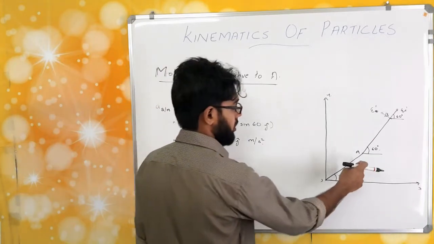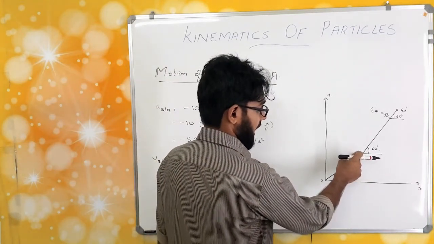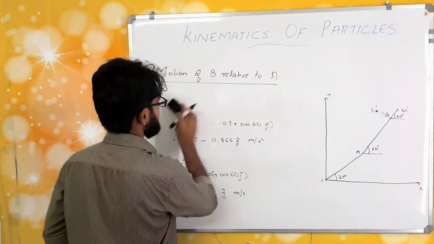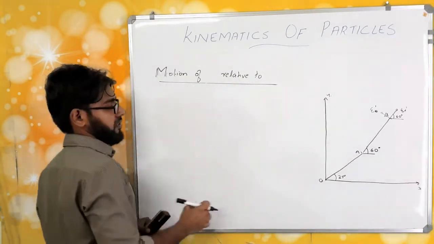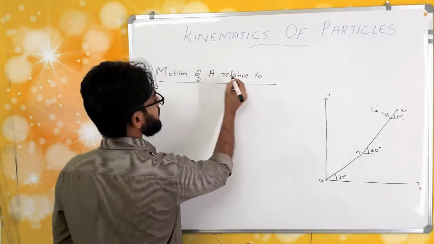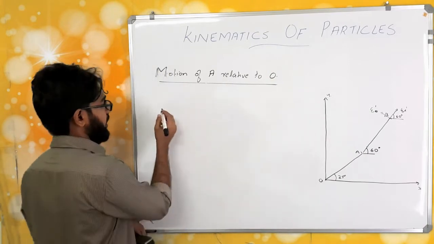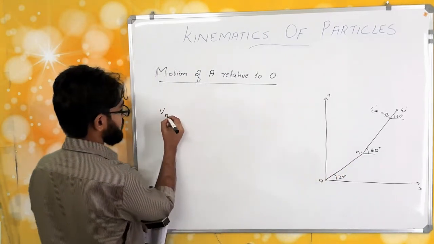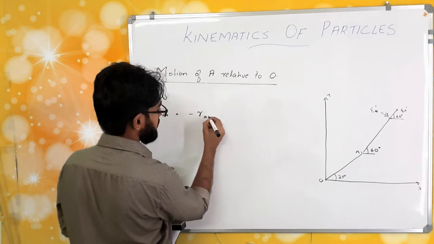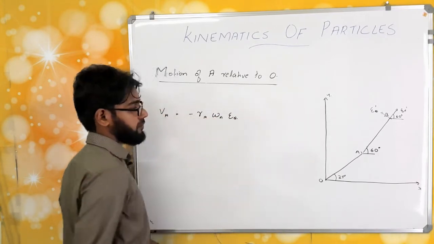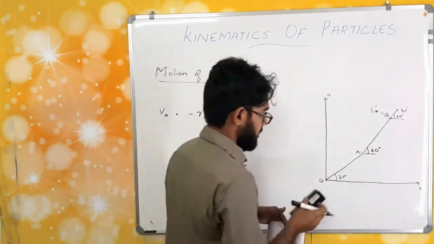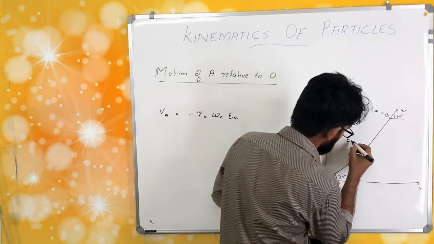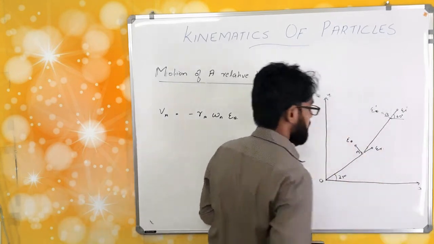Now next we move on to the corresponding velocity and acceleration of A with respect to O. So motion of A relative to O. Now here I can write the corresponding velocity of A. Instead of writing OA, I can directly write VA equals minus RA omega A epsilon theta, where this will be epsilon theta, this will be epsilon r.